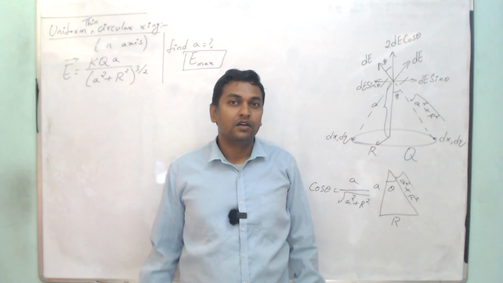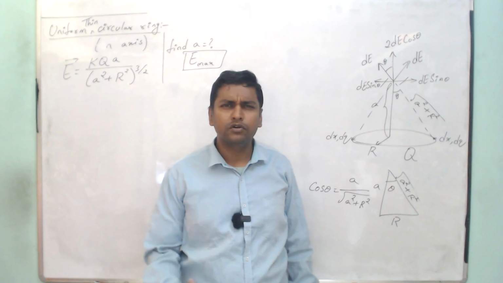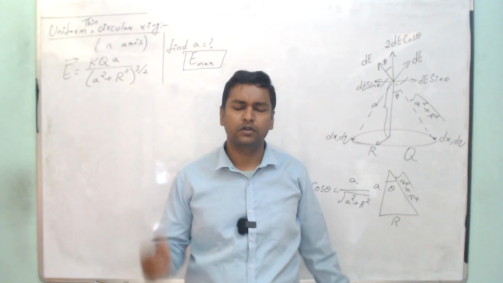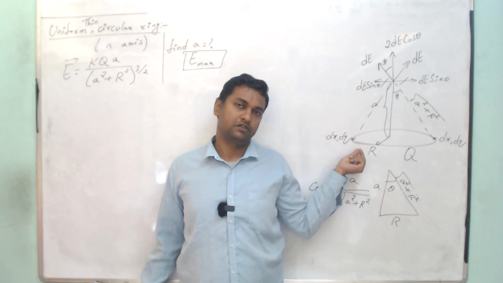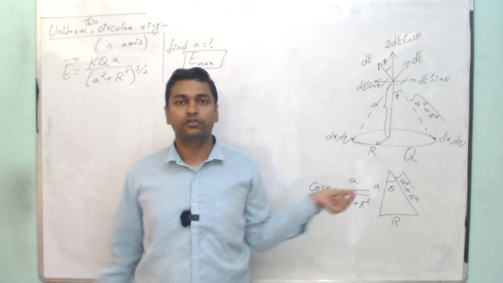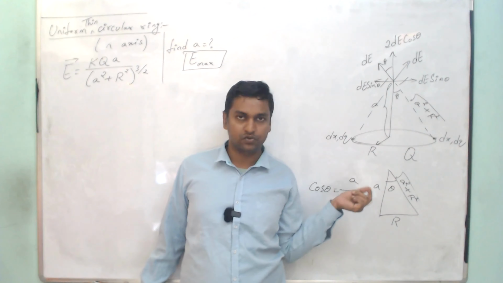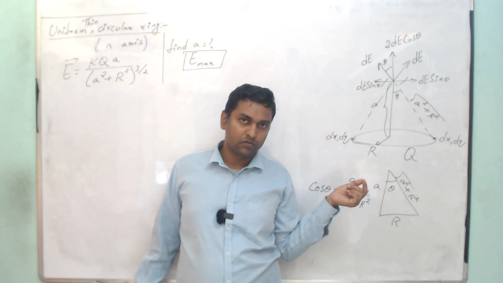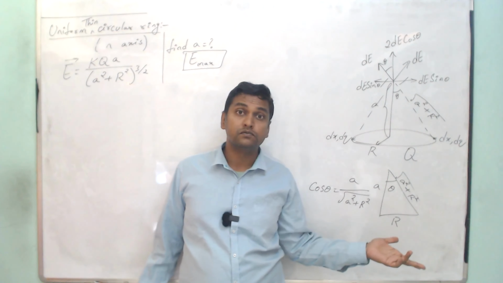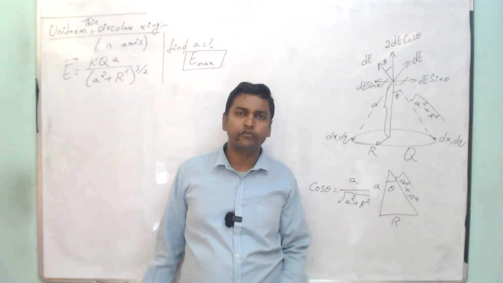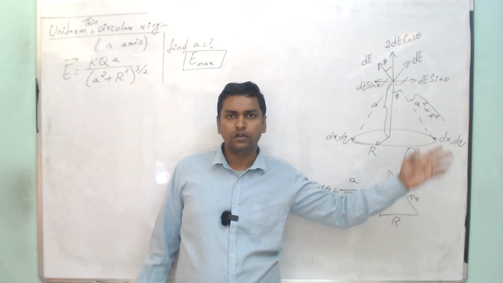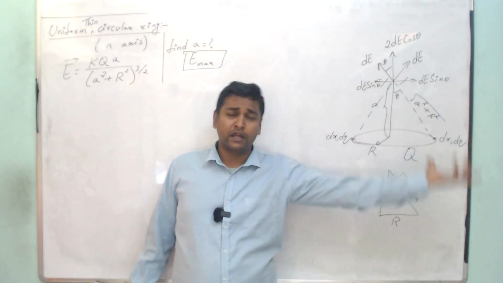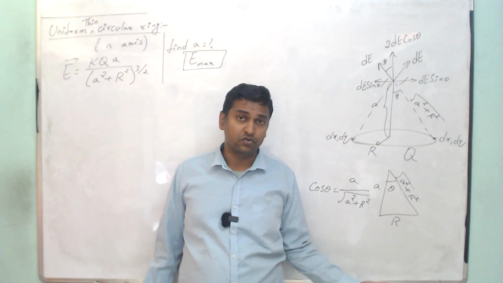If you have a point charge, what is the electric field due to the point charge? kQ by R square. Because R is very huge, it will be 0. When R tends to infinity, the electric field due to any point charge will be 0. So the electric field due to any type of charge at infinity has to be 0.